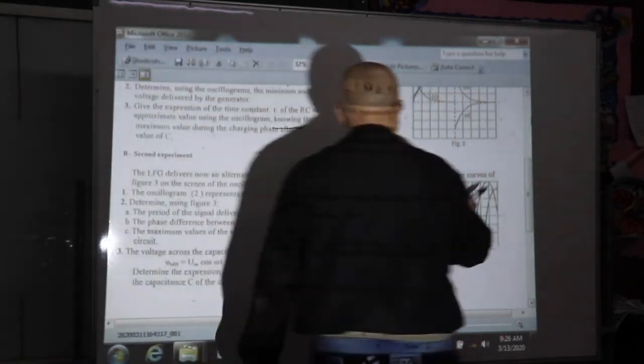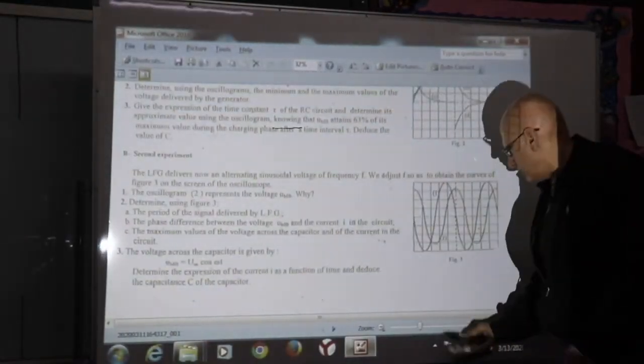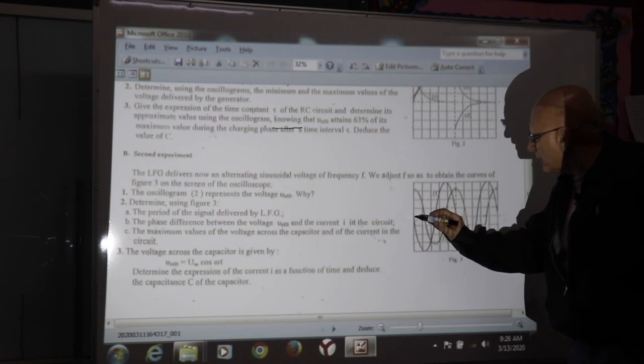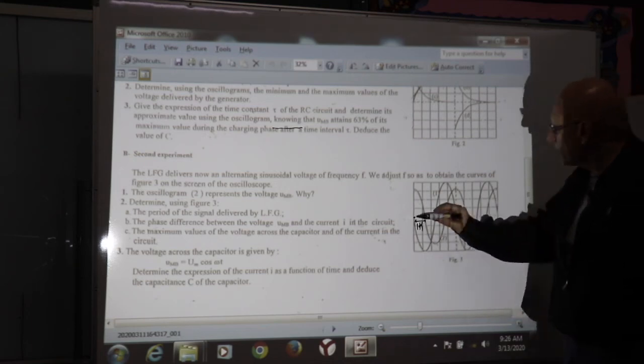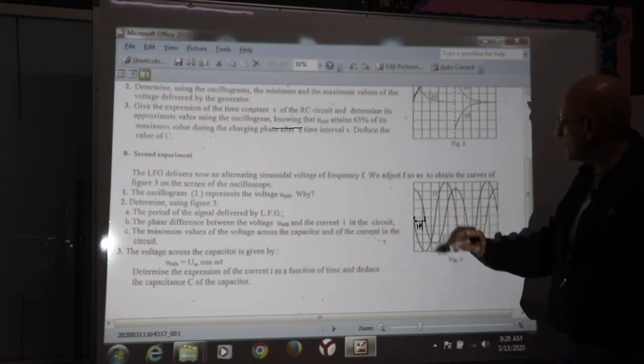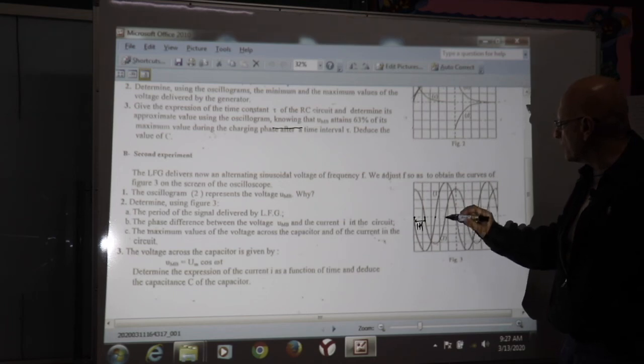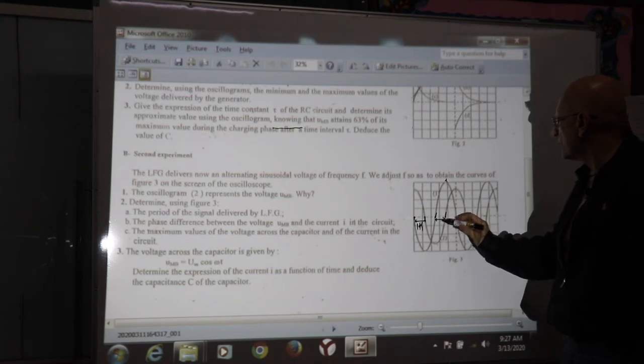The difference between the two graphs represents the phase difference. So this is phi we want to find. These are two consecutive zeros where the graphs are decreasing, or two consecutive zeros where the graphs are increasing, and this is also phi.